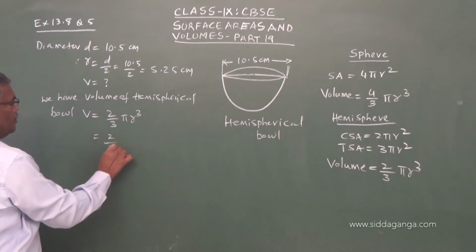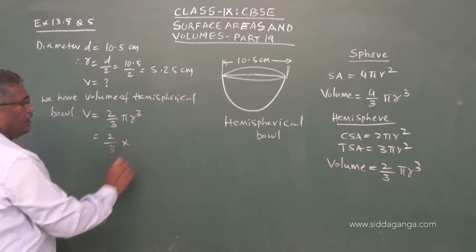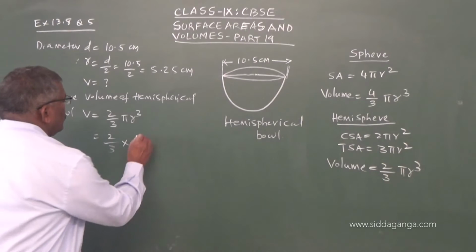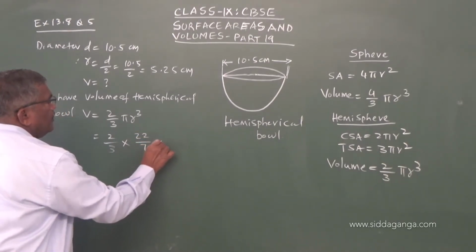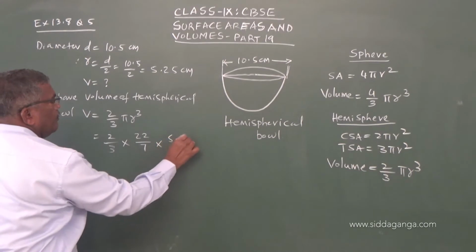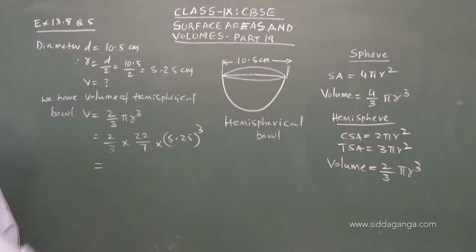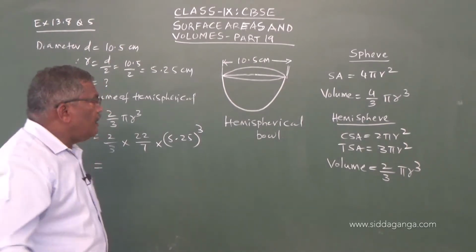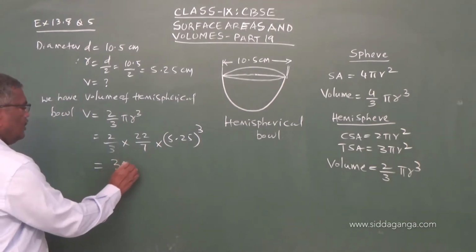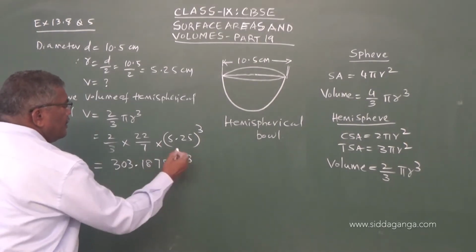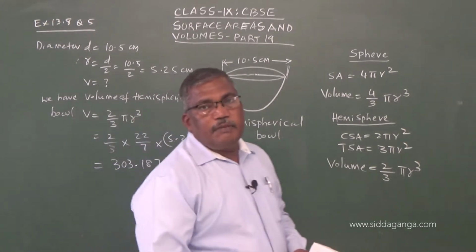This equals 2 by 3 into pi, and when pi is not given you have to take 22 by 7, into r which is 5.25 whole cube. To simplify this you will get 303.1875 centimeter cube. So that much milk it will hold.